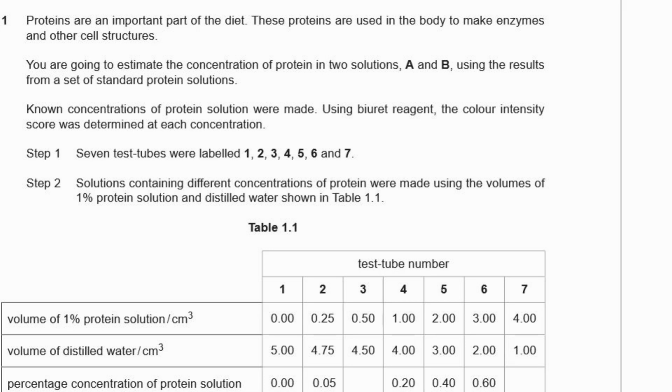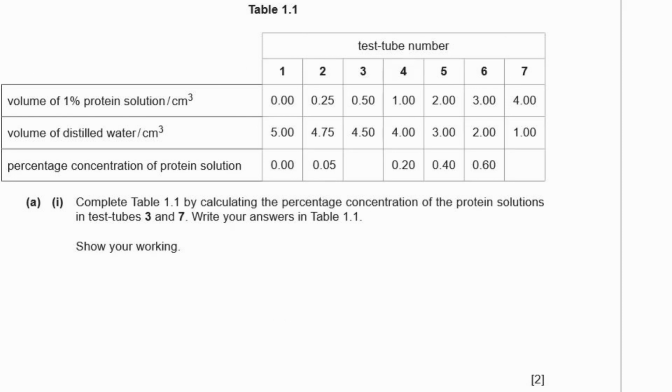Step 1. 7 test tubes were labeled 1, 2, 3, 4, 5, 6, and 7. Step 2. Solutions containing different concentrations of protein were made using the volumes of 1% protein solution and distilled water shown in Table 1.1. Okay, this is Table 1.1. We have the volume of 1% protein solution that was included.